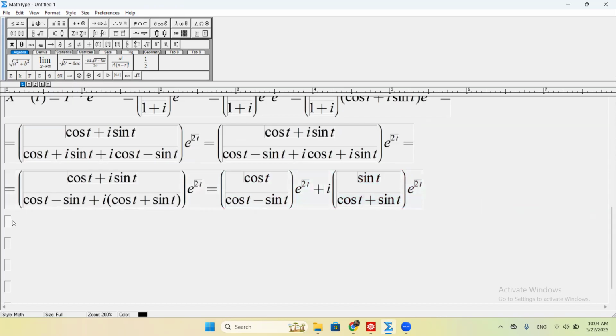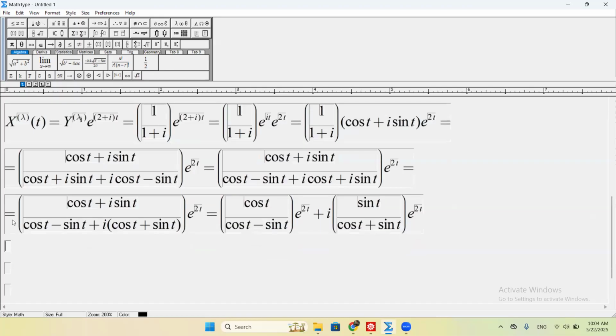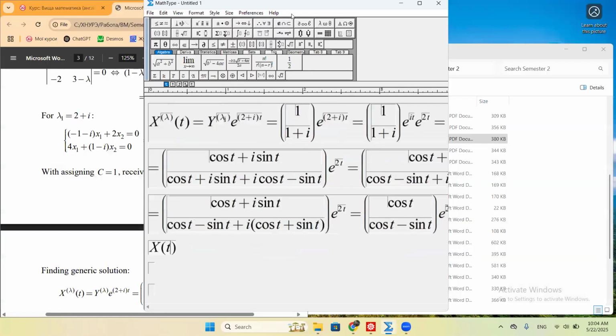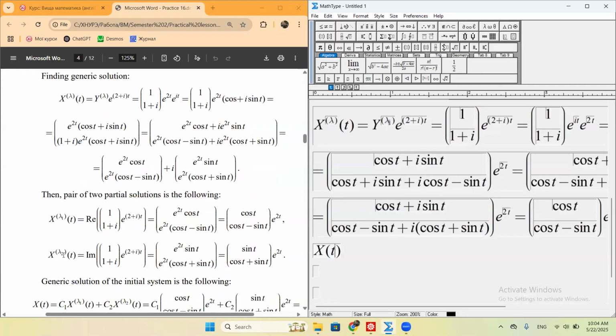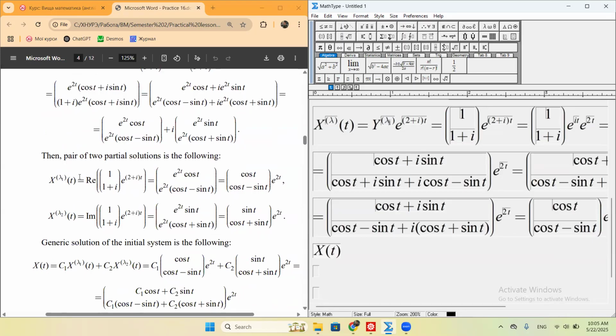How will we find x now? The first solution will be the real part, and the second the imaginary part. The first x, corresponding to lambda 1, corresponds to the real part, and the second x is the imaginary part.